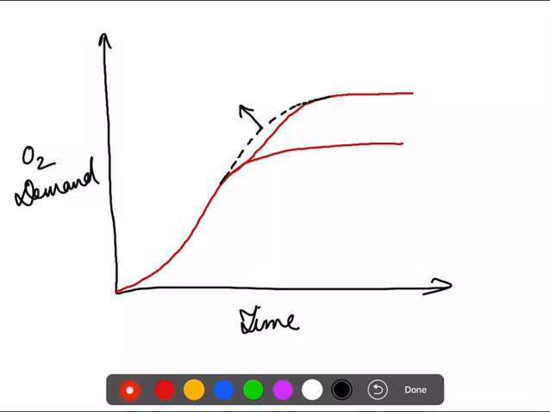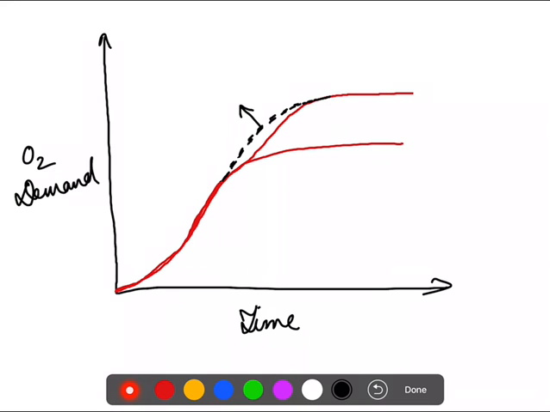If in any case you are getting this dotted line graph instead of the red line graph, which is generally what you will observe. Sometimes you may observe this red line along with the dotted line, which means the graph will continue in this way.